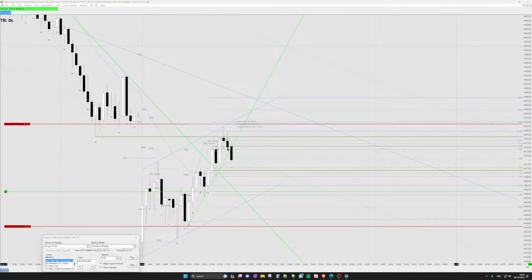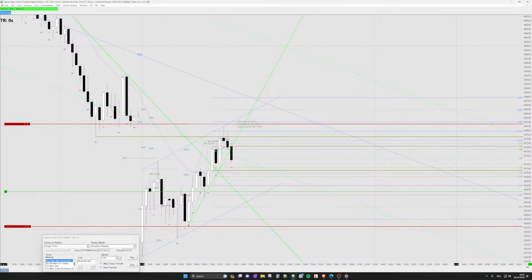It now broke the tight channel, so there should be buyers. You see that it tested also the higher time frame channel. This. Yes.